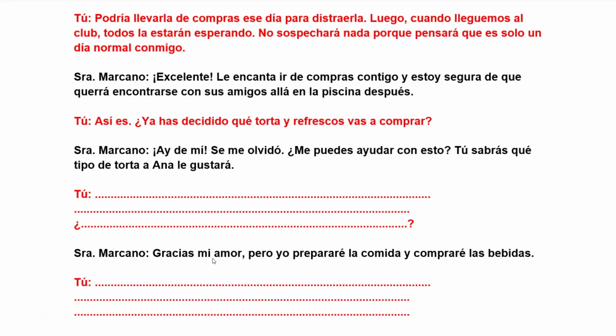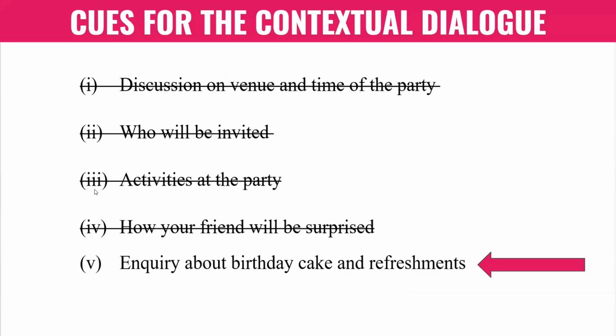So, whatever she says here is in relation to what we have to say here, okay? So now remember, before giving our response, always look at the cue. And we are still here on the final cue, which is about inquiring about the birthday cake and refreshments, okay?